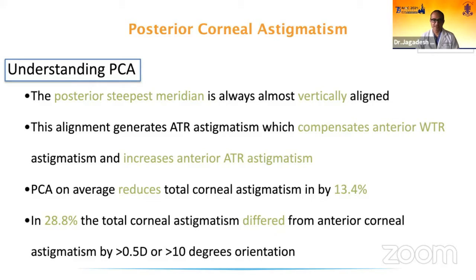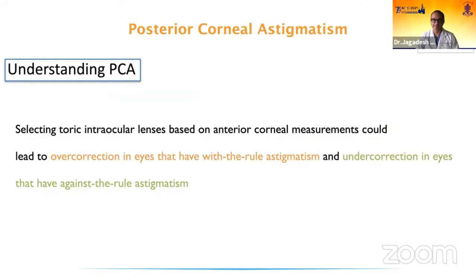This alignment generates against-the-rule astigmatism, which compensates anterior with-the-rule astigmatism and increases anterior against-the-rule astigmatism. PCA on average reduces the total corneal astigmatism by about 13.4%, and in about 28.8% of individuals, the total corneal astigmatism differed from the anterior corneal astigmatism by more than 0.5 diopters, or about 10 degrees of orientation.